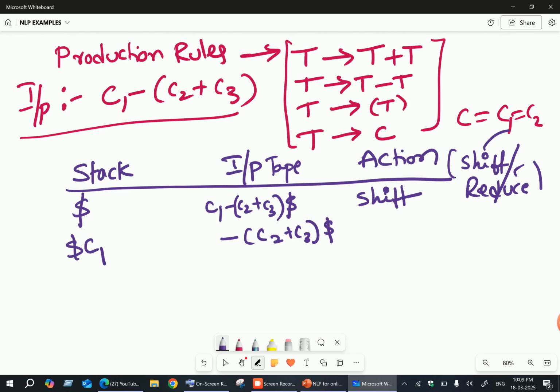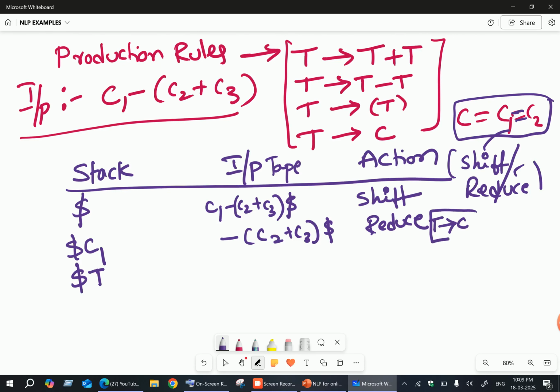Now C1, C equals C1 or C2, same. So here we will perform a reduce action. Dollar and C1 is going to become T, so we need to write which reduce action we are performing: T tends to C. This reduce action we are going to perform.